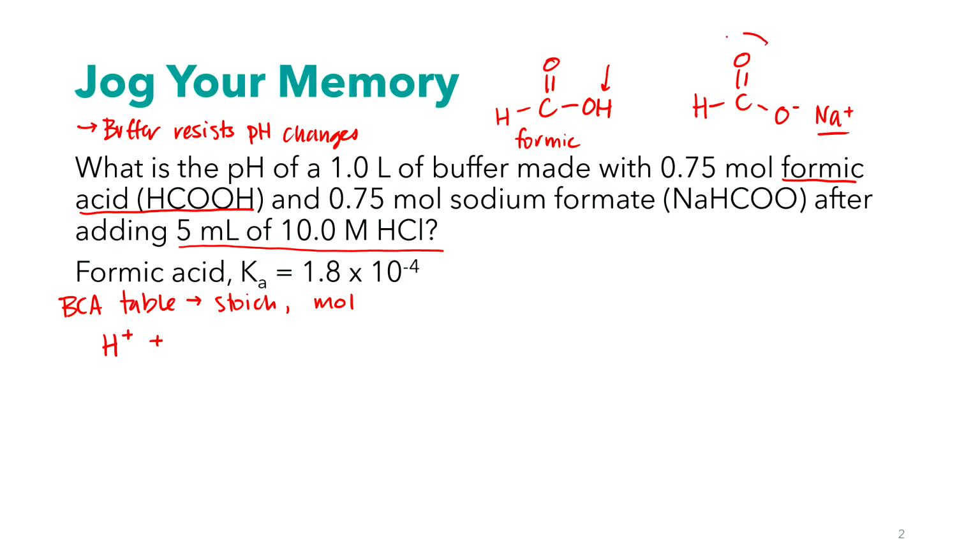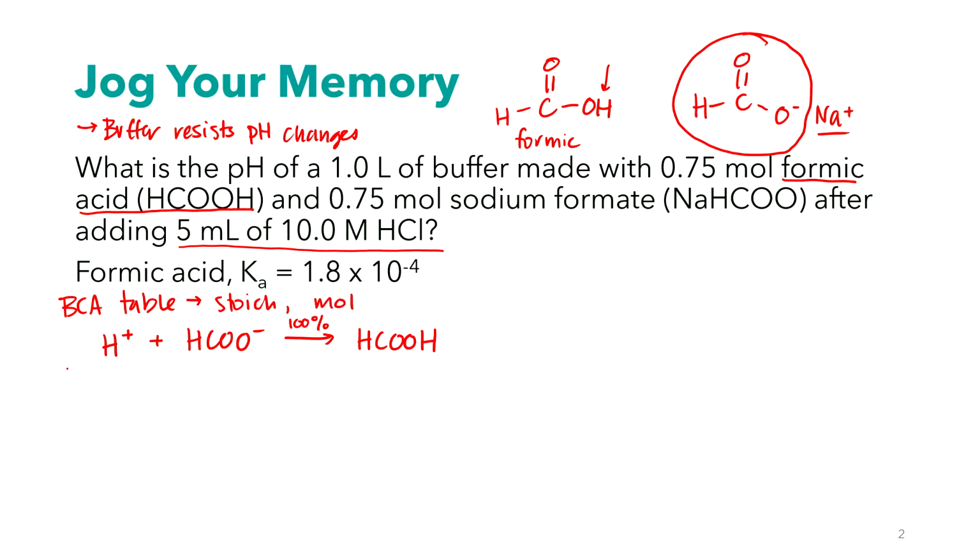It will react with my weak base to make the weak acid, 100%. We're not thinking about this as an equilibrium. If I put in strong acid, I'm going to convert my weak base to the weak acid, 100%. It's not a balance. I'm just saying 100% of that reacts.